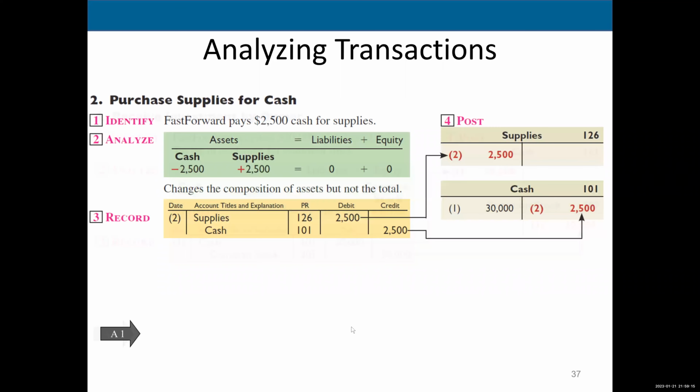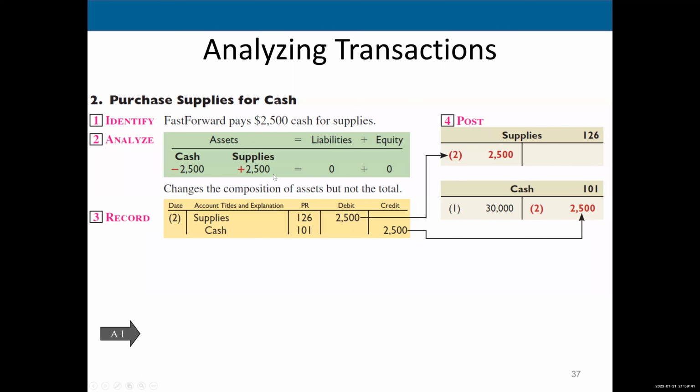Let's do number 2. Purchase supplies for cash. Fast Forward pays $2,500 cash for supplies. Well, if we pay cash, cash goes down, right? So we put it here in our accounting equation. And why did we pay the cash? We bought supplies. So the asset supplies goes up.